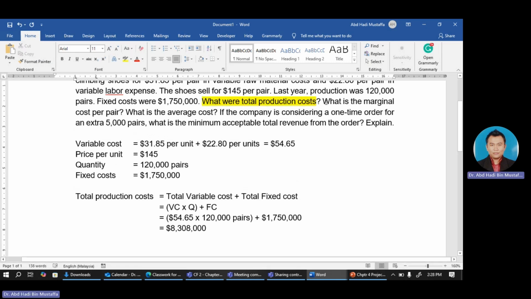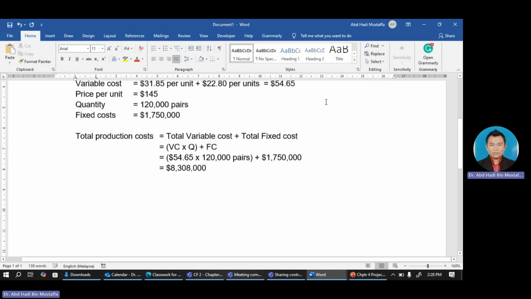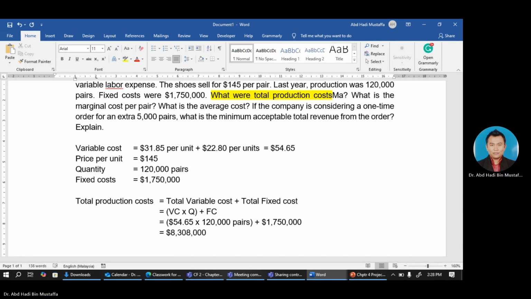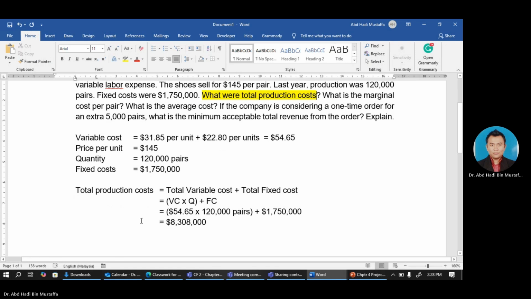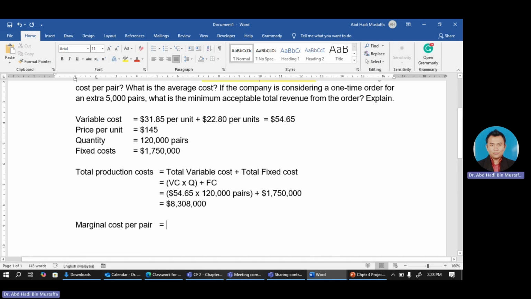The next question is, what is the marginal cost per pair? For your information, marginal cost per pair is almost similar to variable cost per pair. You don't have to do calculation.